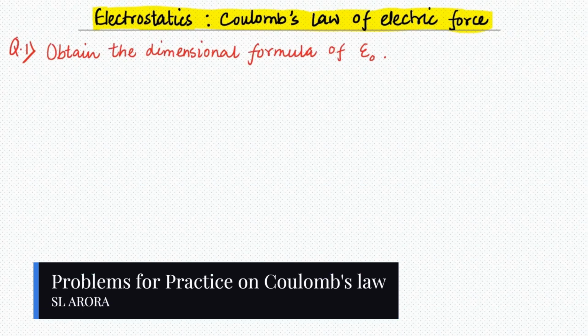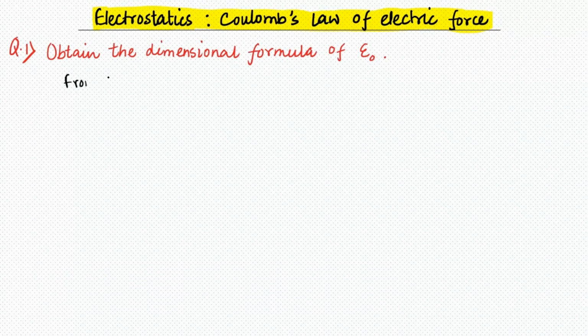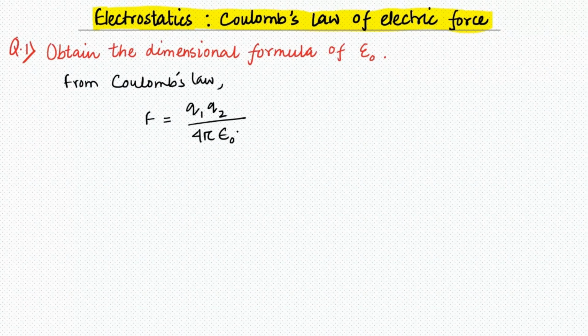Okay, so here we have the first question, that is, obtain the dimensional formula of epsilon naught. So we know from Coulomb's law, F, that is Coulomb force, is equal to Q1 Q2 divided by 4 pi epsilon naught r square, where Q1 and Q2 are the charges, r is the distance between them, and epsilon naught is basically the permittivity of free space, right?